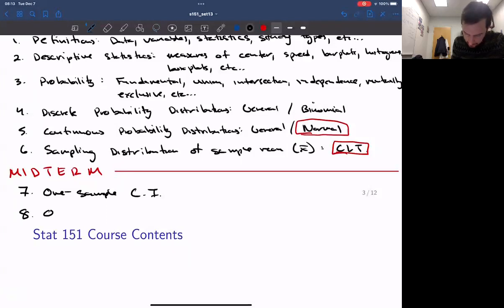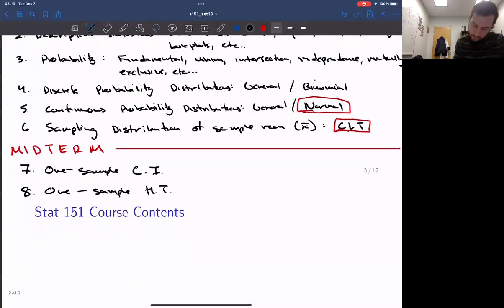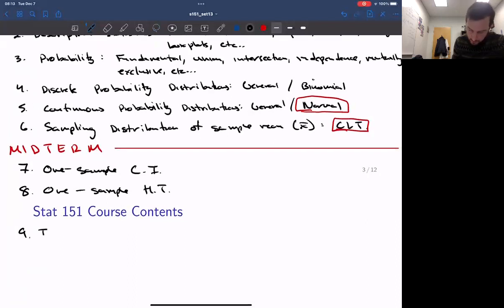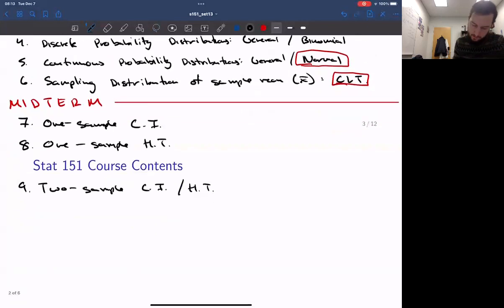Then we did one sample hypothesis test. Then we did 2 sample confidence interval slash hypothesis test.